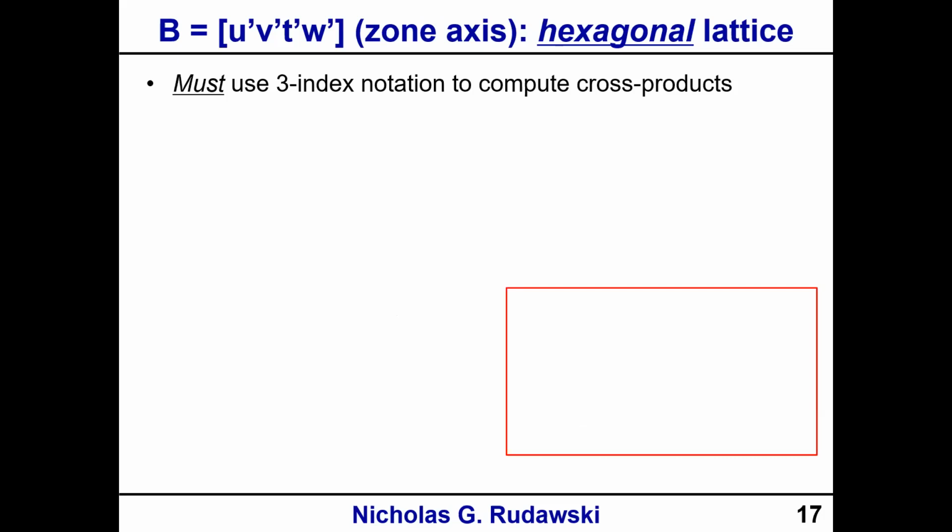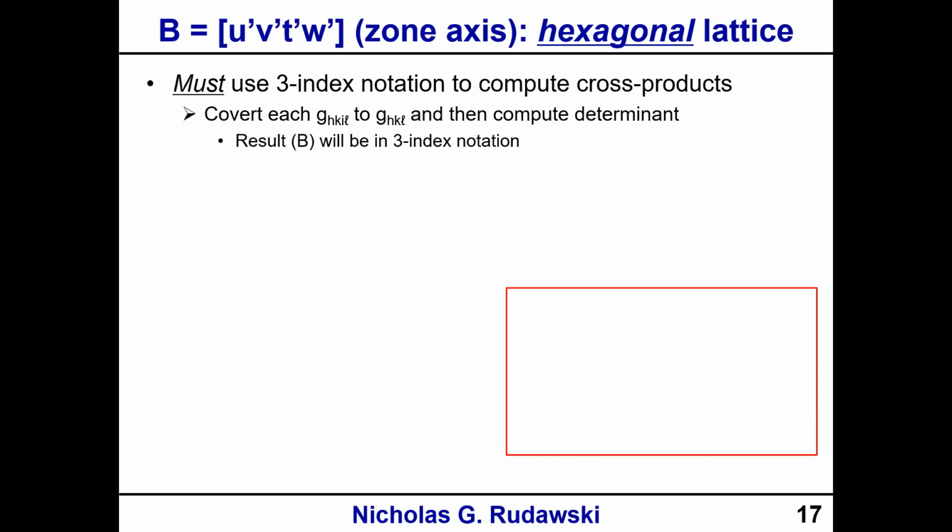All right, a few other things here. If we want to talk about zone axis now in 4-index notation, we know that crossing two G vectors in the diffraction pattern will give us the zone axis. We have to use 3-index notation when we're doing cross products. So we have to convert the G vectors to 3-index and then compute the cross product.